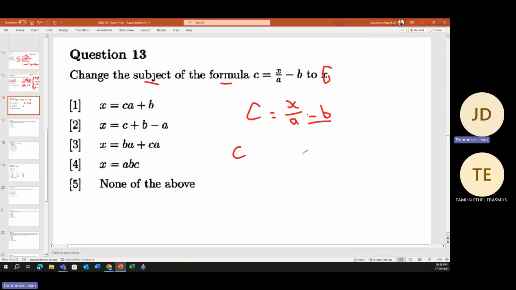So to get rid of a minus b on this side, I'll add b on both sides. So on this side I've got minus b plus b, which will fall away. So I've got c plus b.